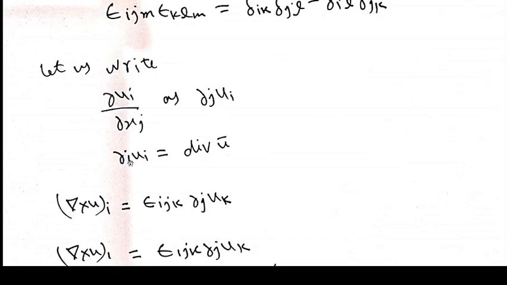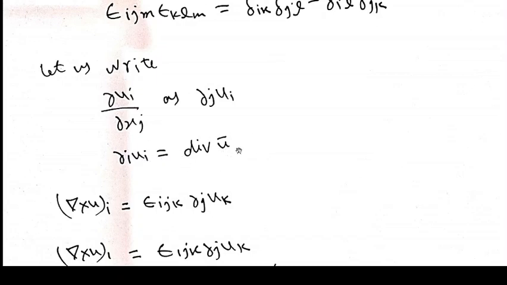Now this is for divergence. So the divergence of u, as you have written a cross b in the indicial notation, where we have made use of the permutation symbol while writing A cross B in indicial notation. So this is the indicial form of the divergence of u.